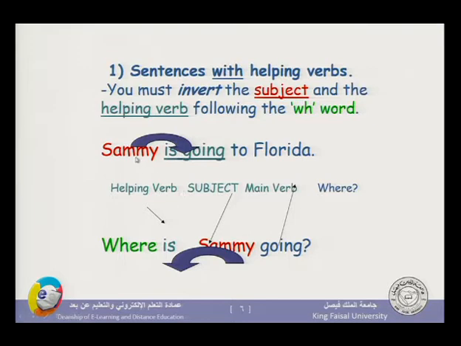Here, if you notice, Sammy is, but in the question is Sammy. All right? So we do all this in all questions with helping verb. So the WH question word, like where, and then auxiliary or helping verb, and then the subject, and then the main verb. All right?